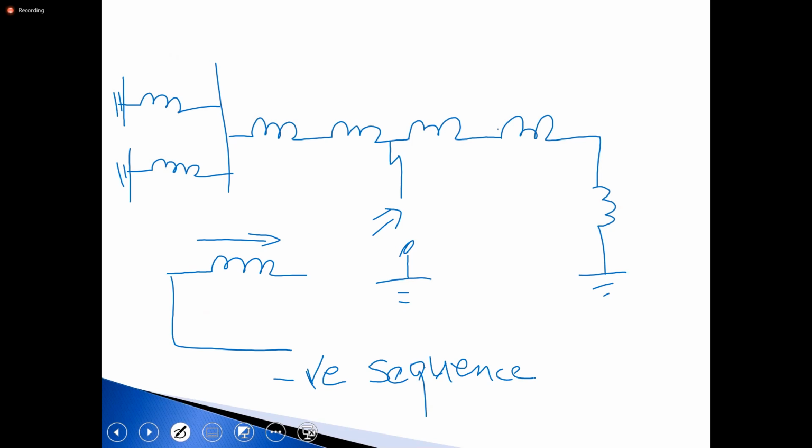All right, now, for the zero sequence, this is where we now have to think carefully about what we're doing. Both generators are solidly grounded.